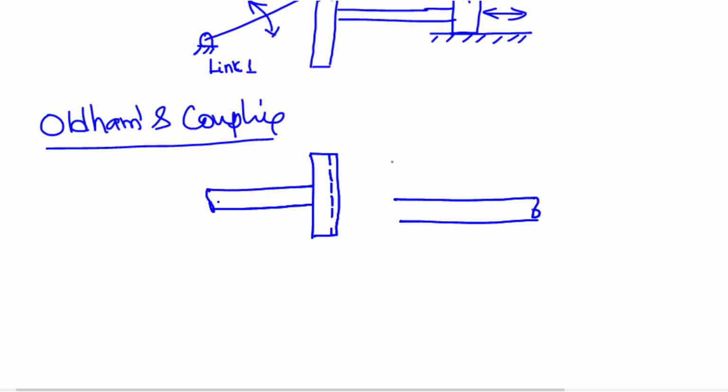This is second, and it is connected to a disc, and here a groove is cut inside the disc, and this is slotted disc.